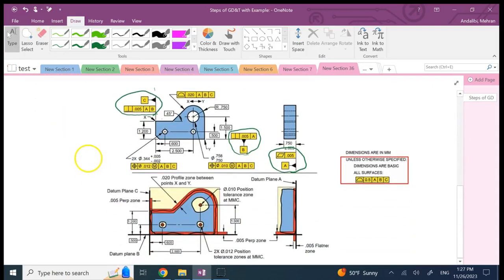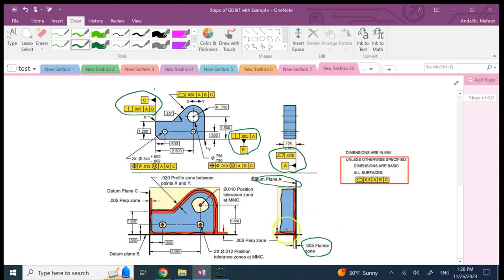The important thing I mentioned is if you look at the tolerance zone for flatness, you see this red area, and it is on one side of the true datum A, okay? So datum A is this back line, and you see it's only on one side of it. So the thickness of this region is 5 thou.